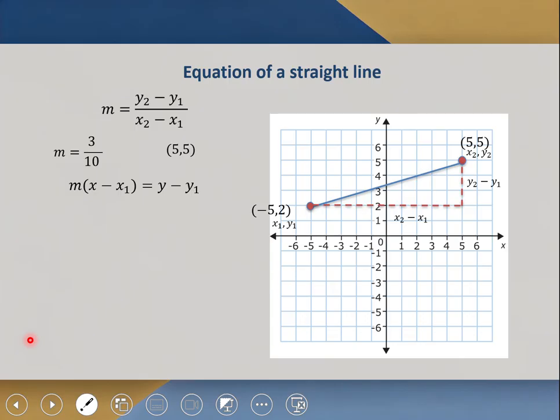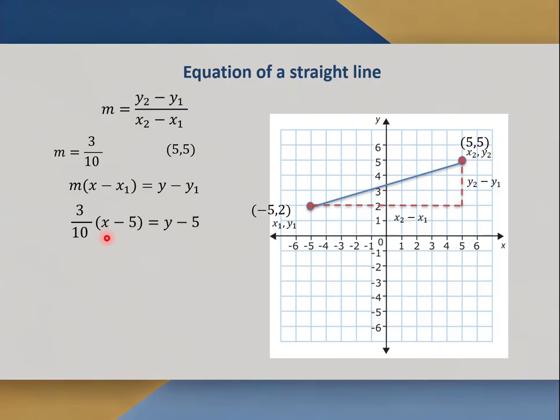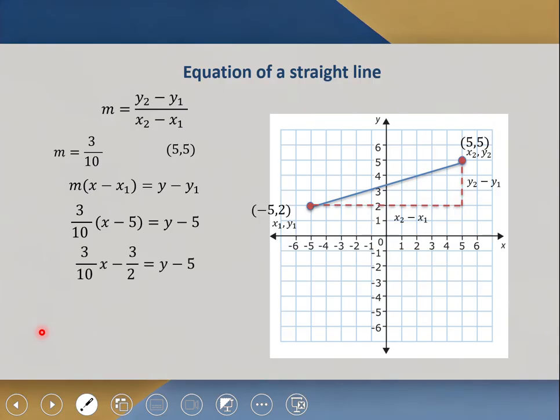So we've got our m value, our x1, and our y1. We're just substituting our 3 values in, and that leaves us just an x and a y. If I expand this, that means 3 over 10 times x and 3 over 10 times 5. And that gives us 3/10 x minus 3 over 2 is equal to y minus 5.